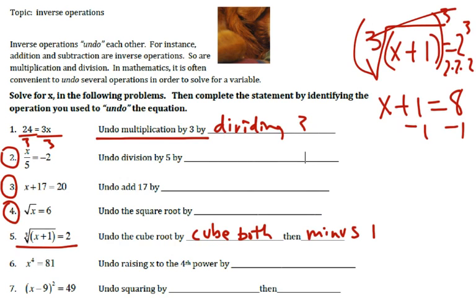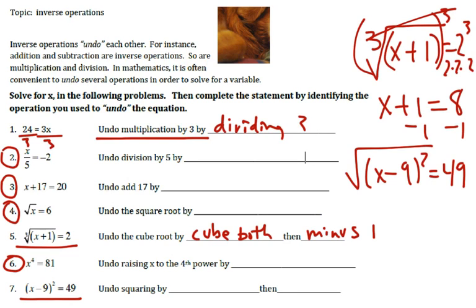Use that same concept with number 6. This time you have something to the fourth power, so powers and roots are opposite each other. Number 7, we'll take a look at that one. We've got x minus 9 squared equals 49. To get rid of that square, we take the square root, so we square root everything.